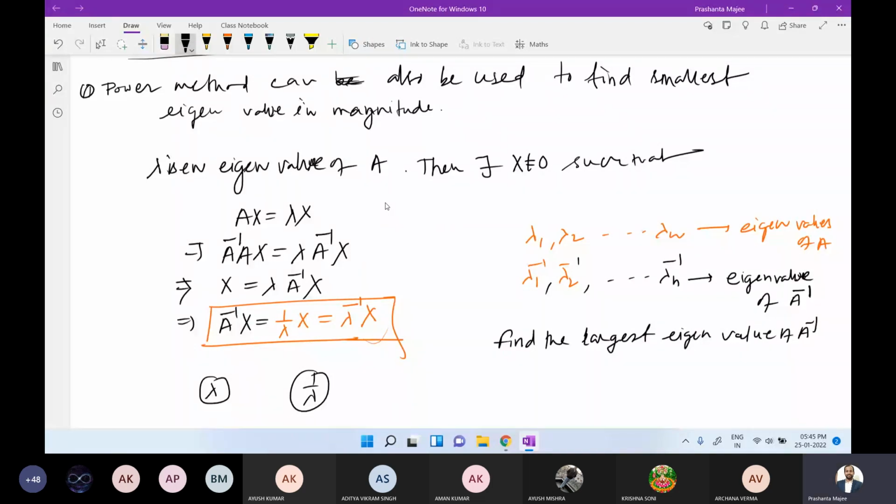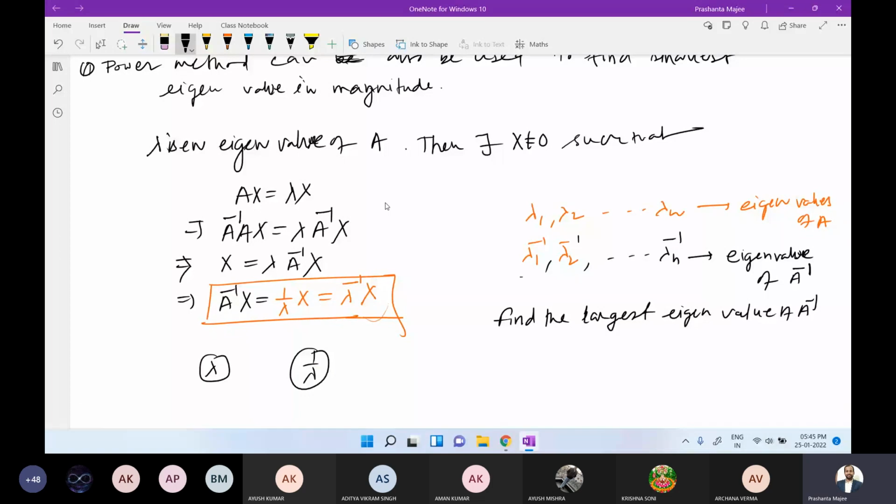Okay? So suppose among the n eigenvalues, the inverse of some lambda k is the largest. So that is the largest eigenvalue of A inverse. Then what will be the smallest eigenvalue of A? Lambda k.